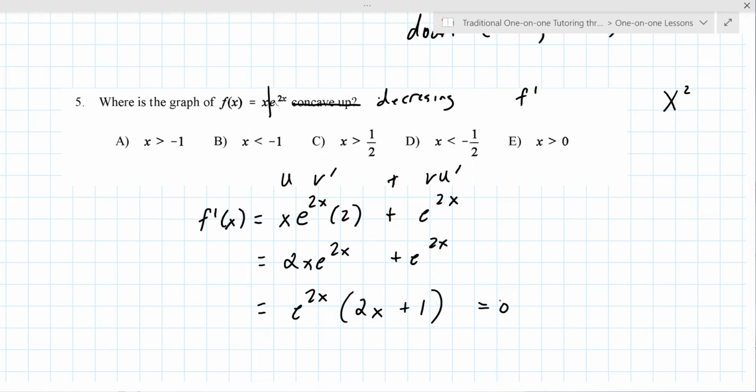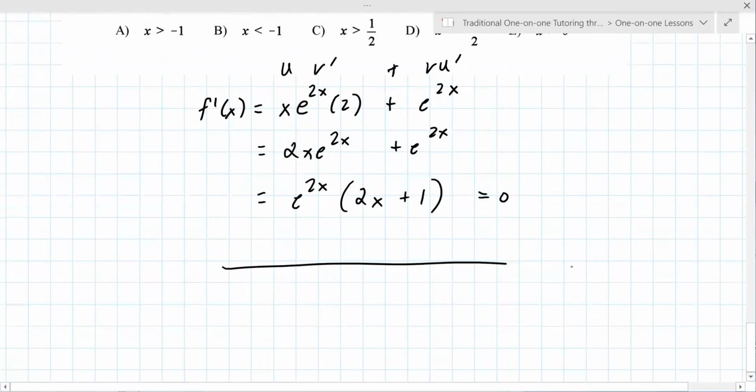Do you test those points with the e to the 2x also, or just in the 2x plus 1?